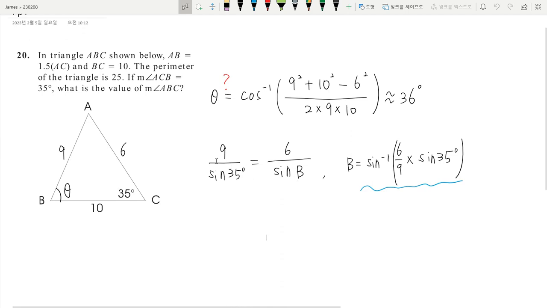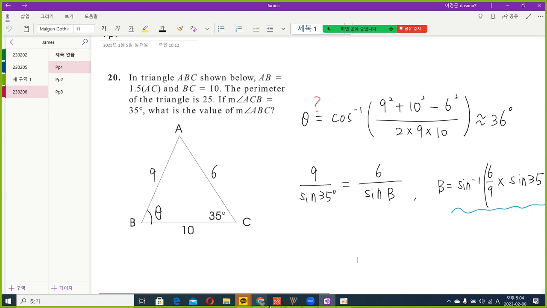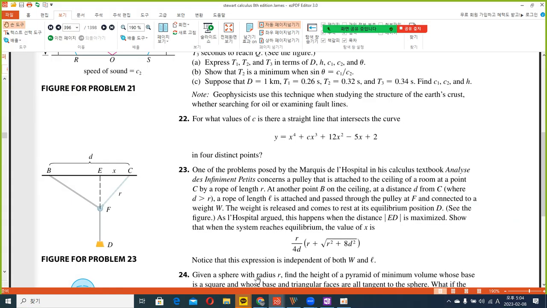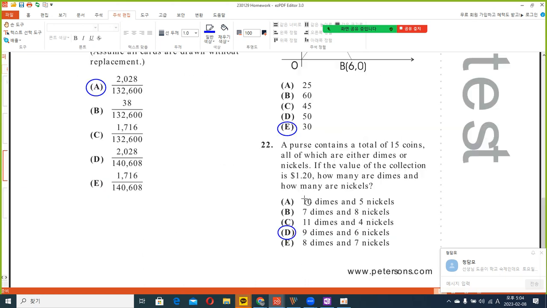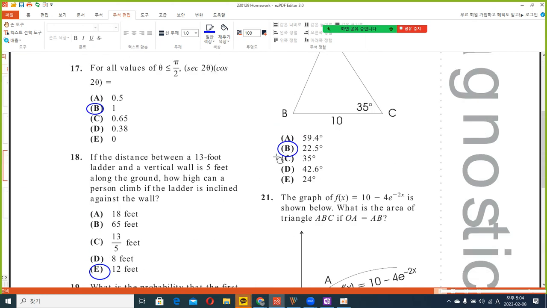At first we can use the law of sines, and using it, the angle B is about, let's see, what was the answer? It says angle B is 22.5 degrees.